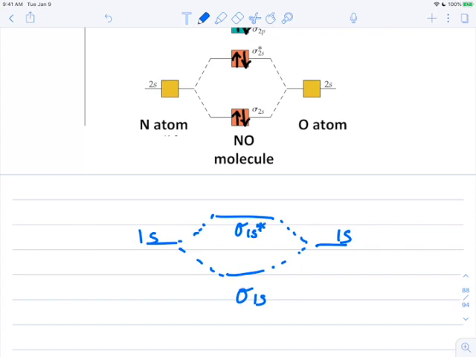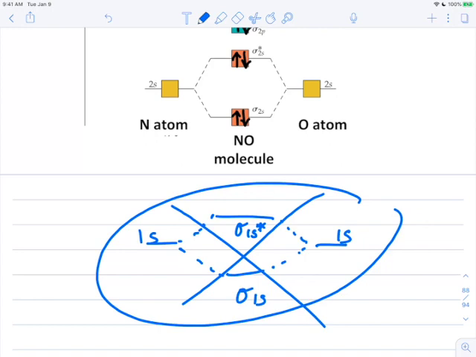So this one was in the other ones, and I had already cut that one out. No worries, you don't have to be sorry. Then it sounds like one had the same question. So this one is the one that we would have cut out. But remember, I'm going to give you the correct MO diagram, so you don't have to worry about cutting anything out on the homework or on the test.